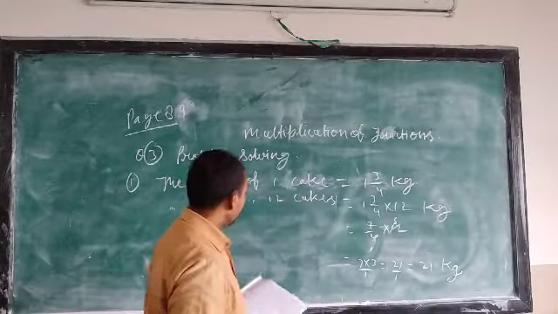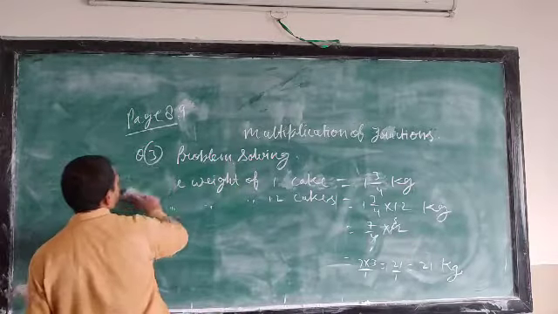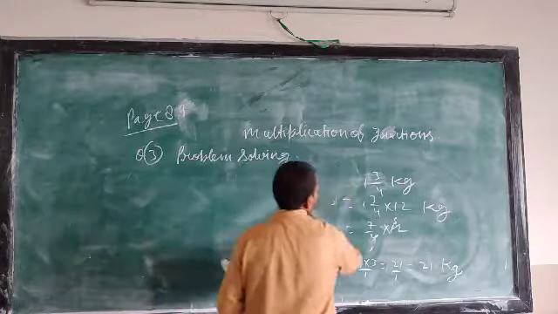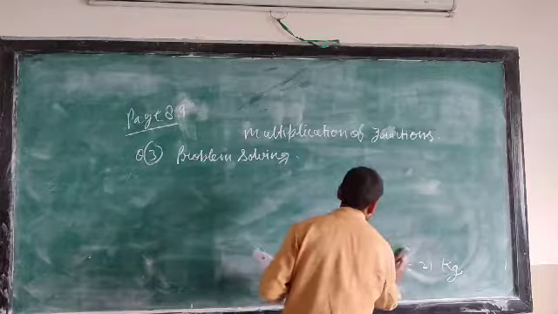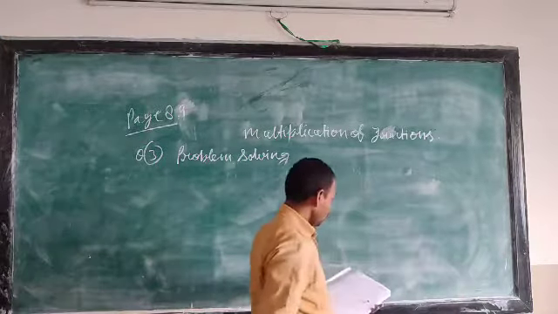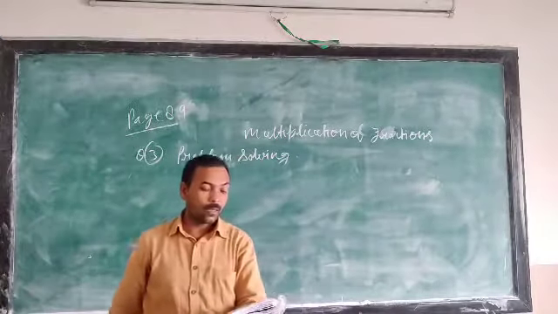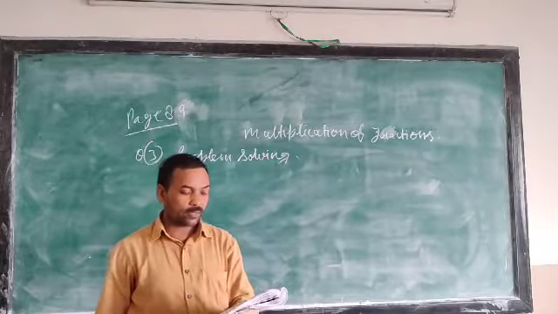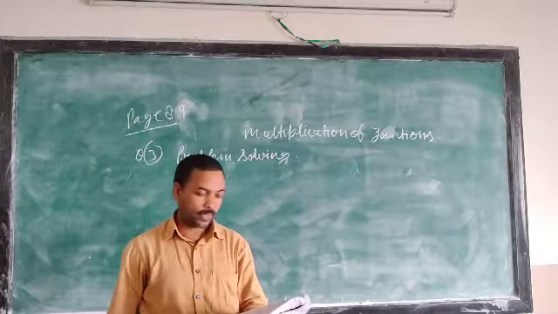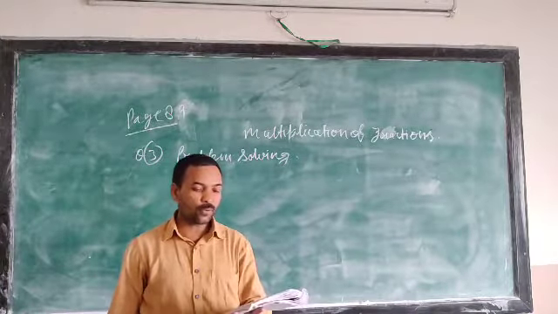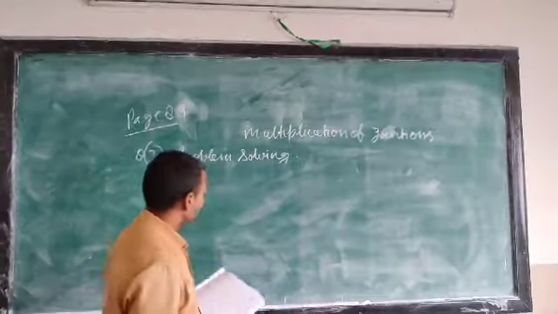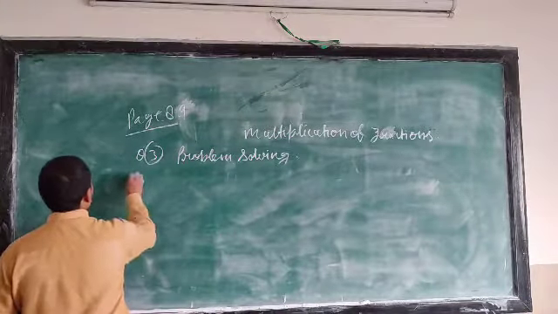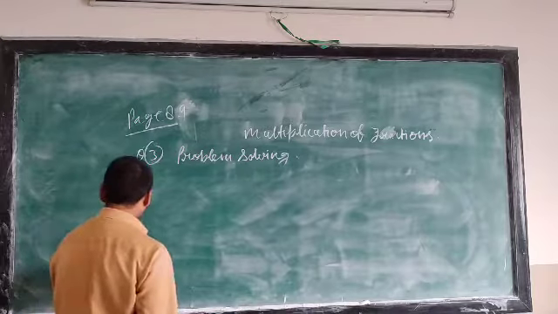And the next one. A packet of sweets weighs 1.5 kg. Find the weight of 24 such packets. So this question is just like the first question.